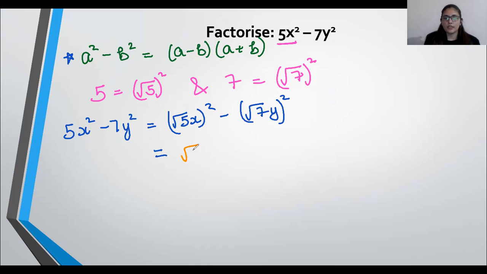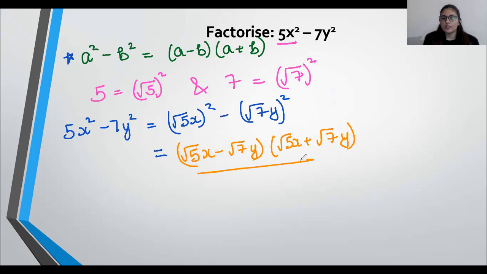It will be a minus b in one bracket, then a plus b in the second bracket. So this is your answer. This is how you are going to factorize the polynomial. If the number is not a square number, then make sure you write it in this way.